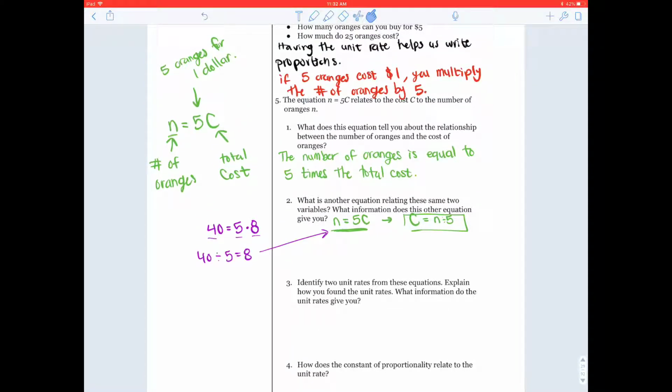We said c is the total cost, so let's start with that. The total cost is equal to n, the number of oranges, divided by 5. That's what this equation gives us.